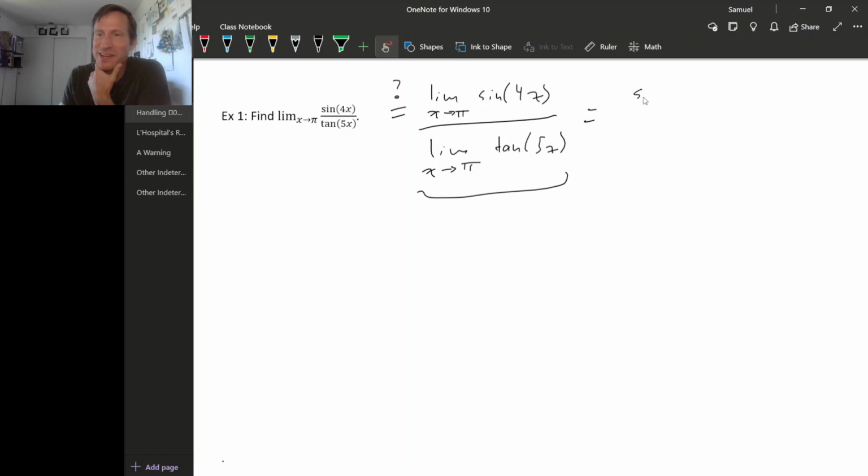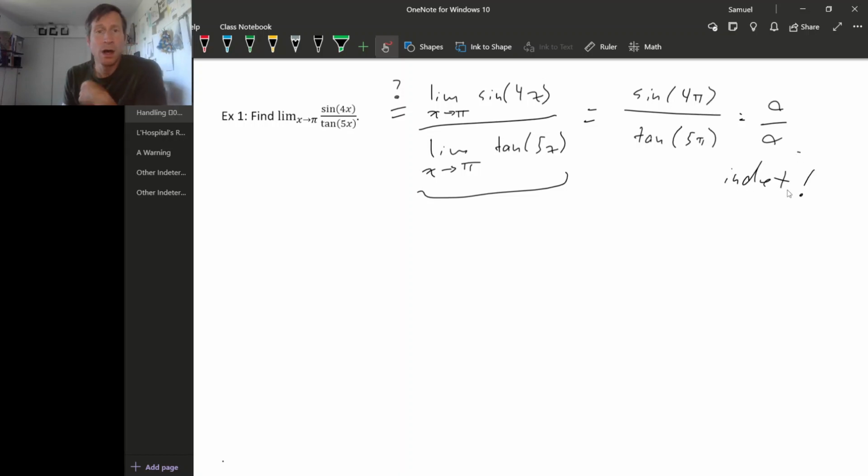In the numerator, we get sine of 4 pi. In the denominator, we get tangent of 5 pi. But that's 0 over 0. That's an indeterminate form. But because we're getting this 0 over 0, that's exactly the situation where L'Hopital's rule applies.